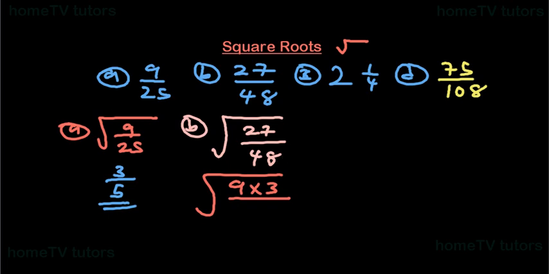Then the denominator we have 16 times 3, okay? So the whole trick to this is trying to look for a number that will multiply another perfect square that is going to give us the initial number, okay?